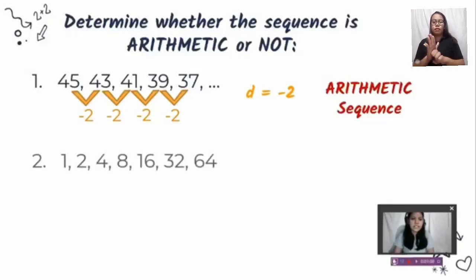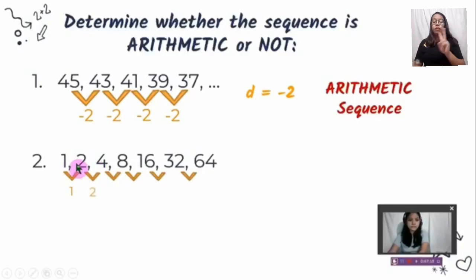Now, for the next example, 1, 2, 4, 8, 16, 32, and 64. Let us get the difference. 2 minus 1, 1. 4 minus 2, 2. 8 minus 4, 4. 16 minus 8, 8. 32 minus 16, 16. 64 minus 32 is 32.